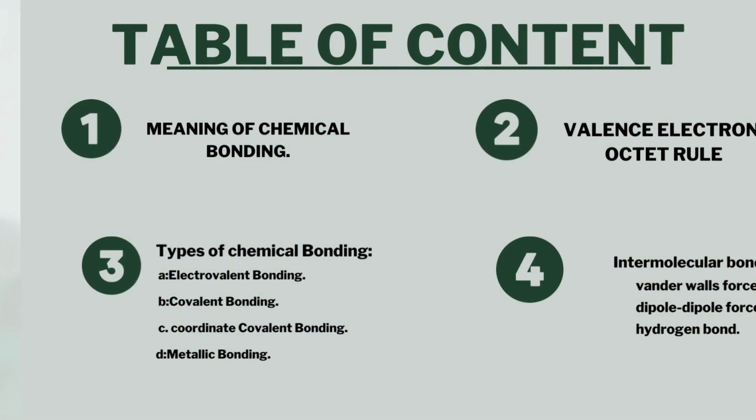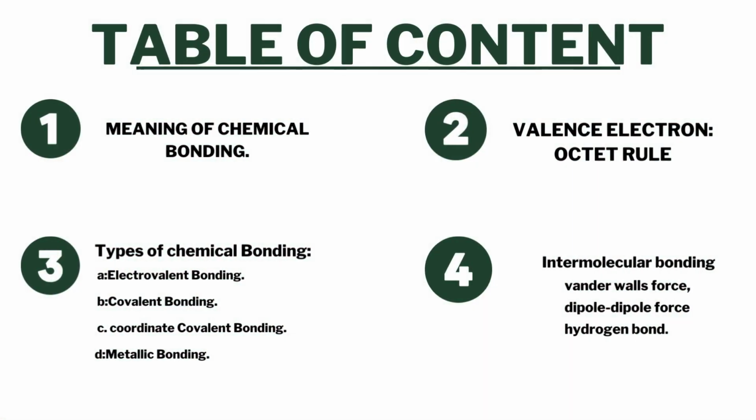So we'll be looking at the meaning of chemical bonding, valence electron, octet rule, and types of chemical bonding. Under that, we'll be checking electrovalent bonding, covalent, coordinate covalent, and metallic bonding. Lastly, we'll be looking at intermolecular bonding, and under that we'll be looking at van der Waals force, dipole-dipole force, and hydrogen bond.